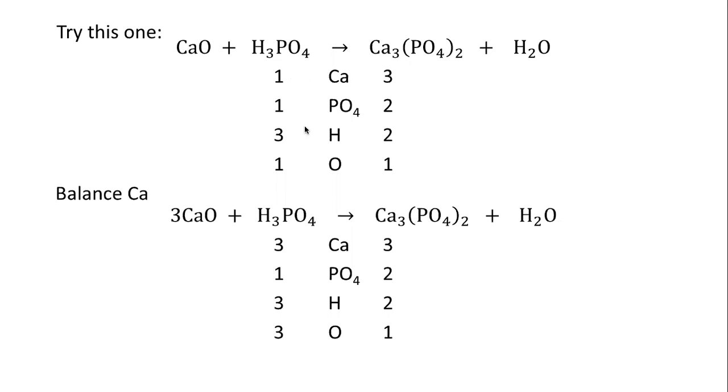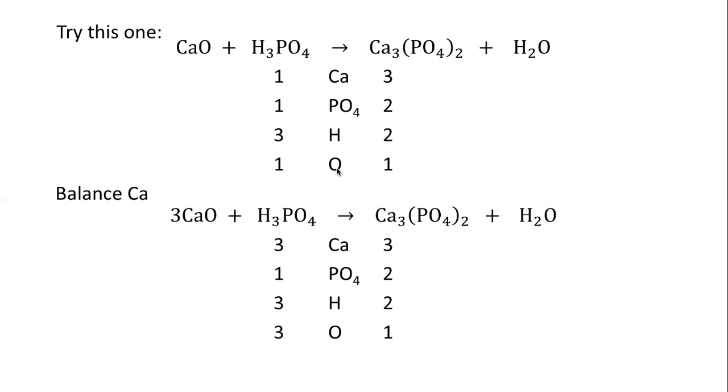So for this example, because we have a polyatomic molecule that exists on both the reactant and the product side, we're going to count these as 1. So let's have our atoms in the middle: calcium, phosphate, hydrogen, and oxygen.